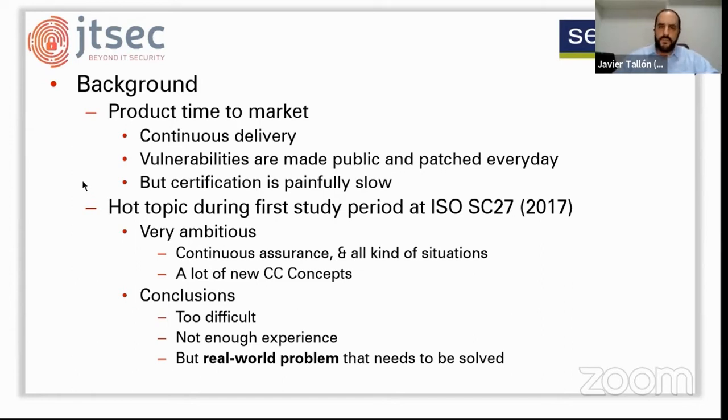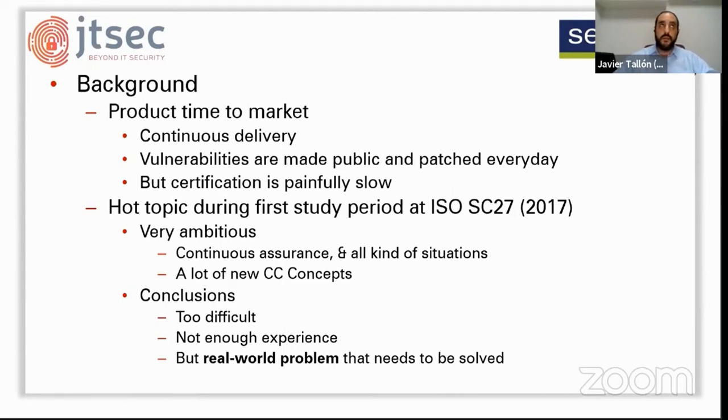The time to market has been reduced dramatically in the last year, and it's required to adapt certification to take this into account. Indeed, certified products patch management was a hot topic at ISO Subcommittee 27 during 2017. There was a study period, and during this first study period, several presentations were carried out about this topic, but finally it was considered too difficult to achieve something in a reasonable time.